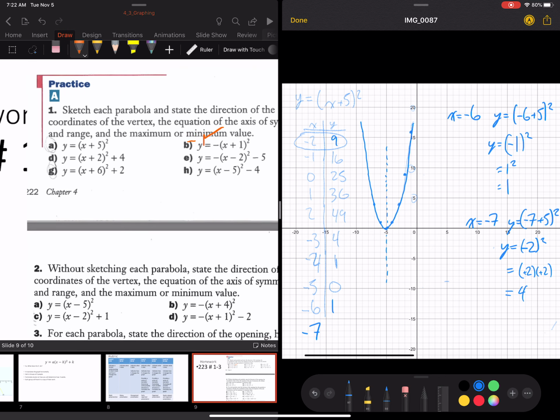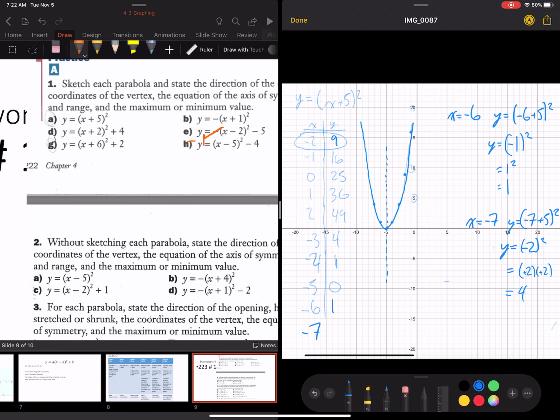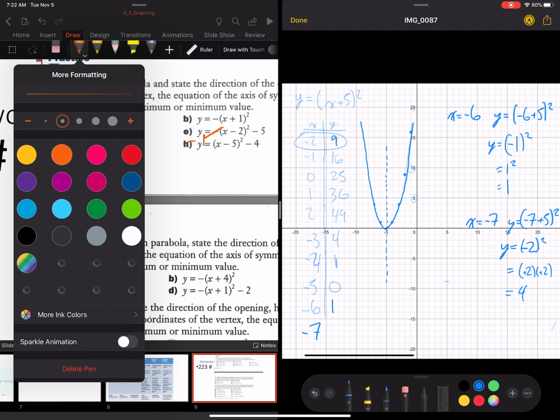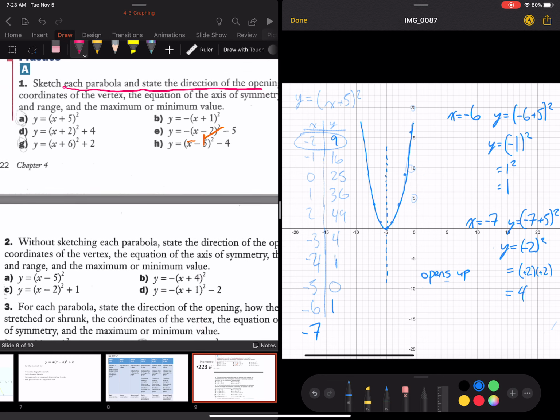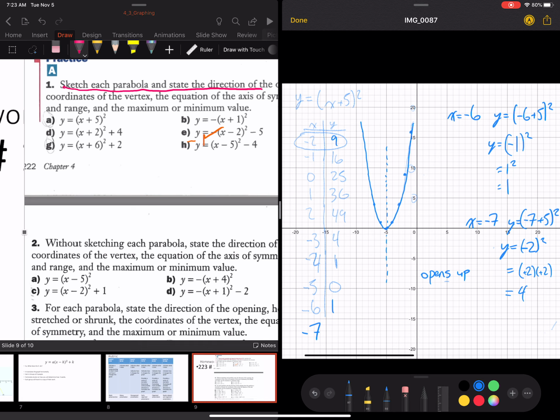All right, so let's go over some of the questions it asked. Sketch each parabola. Good. State the direction of the opening: opens up. The coordinates of the vertex: the vertex is minus 5, 0.